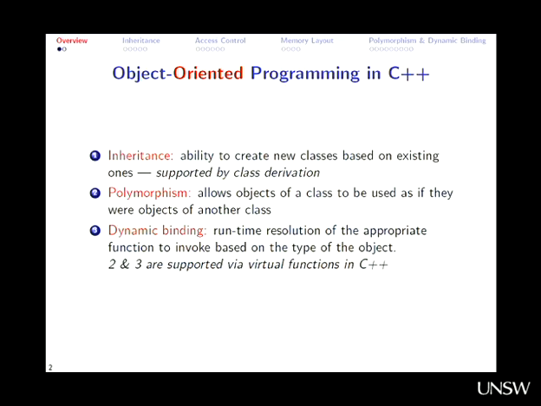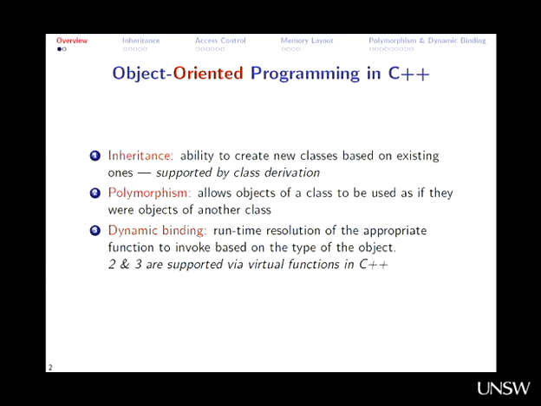The child version overrides or masks the person version, and might put on a child's accent or reduce the vocabulary available to the child. If we treat the child object as a child object, then when we call talk, it will call the child version of the function talk.